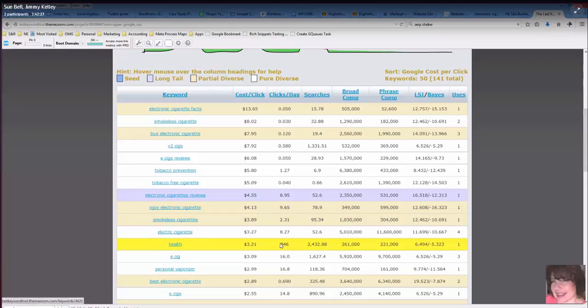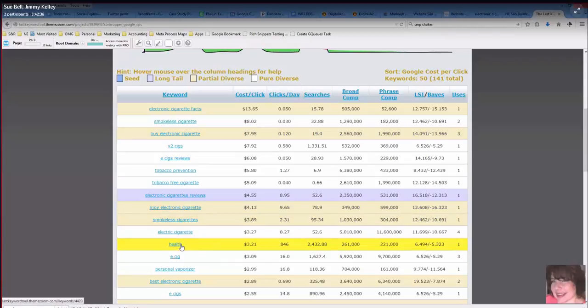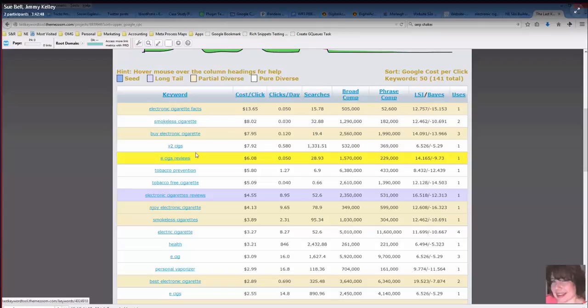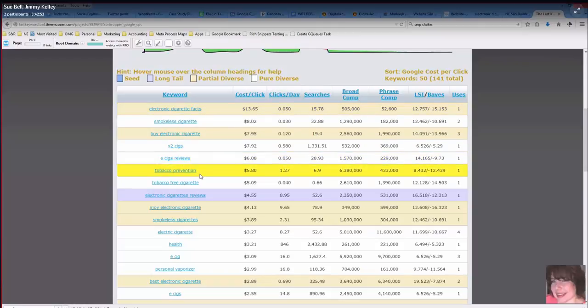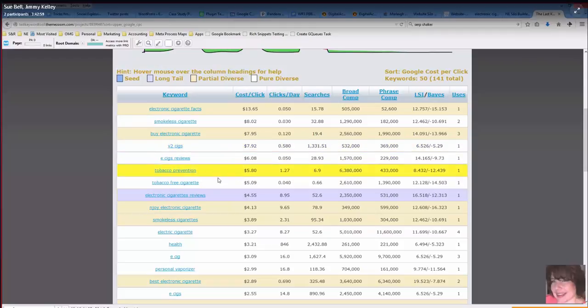Health also figures into the concept, although health is super broad, and you could put that in, but that would be more of a supporting keyword and not a top-level keyword. Okay, so from this, I've come away with two possible brands that I want to do, and probably facts, reviews, like those kinds of concepts could go into one silo. And then smokeless and tobacco-free, those kinds of concepts into another silo.